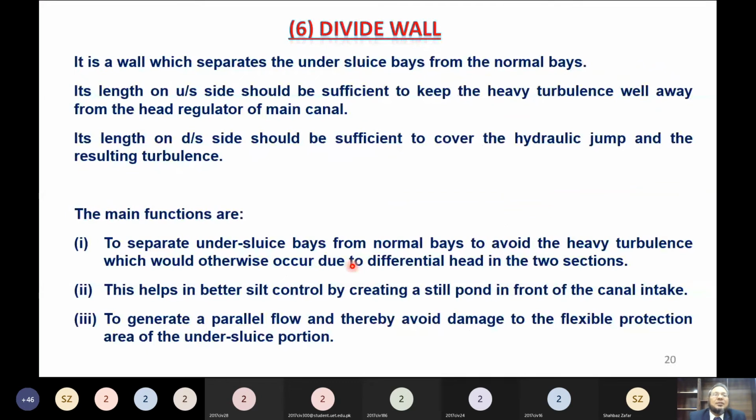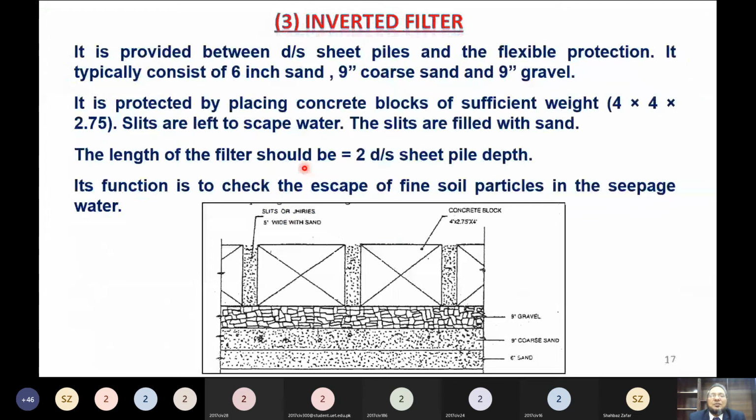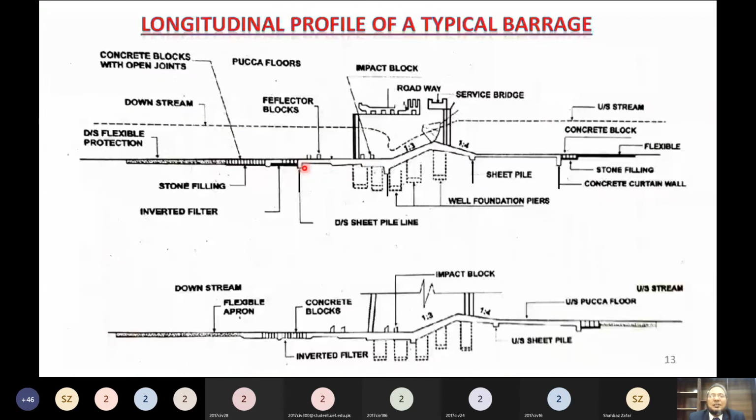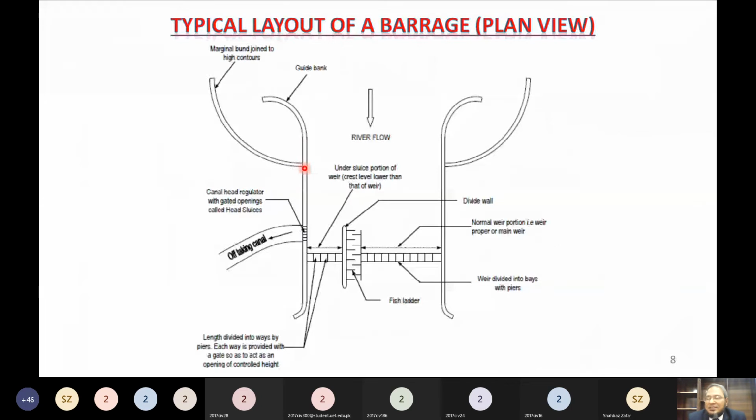And what about its length on the downstream side? It should be sufficient to cover the hydraulic jump and the resulting turbulence. So the main function of the divide wall is to take care of the turbulence.